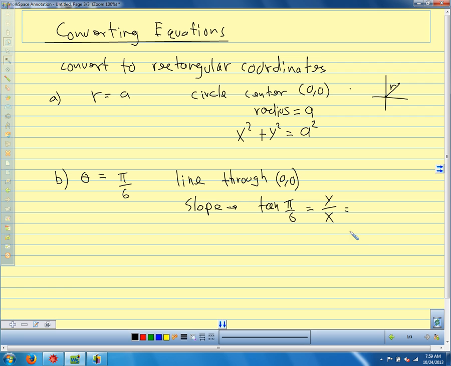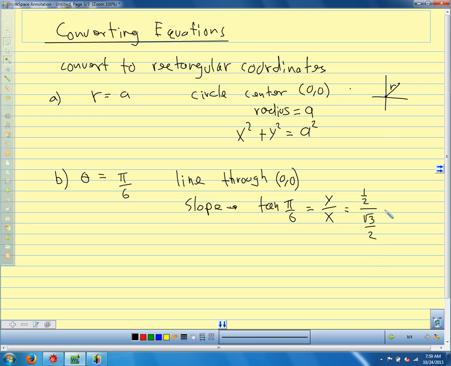So let's go the long route. What is the sine of pi over 6? What is it? 1/2. And the cosine? 1/2 divided by the square root of 3 over 2, sine divided by cosine.